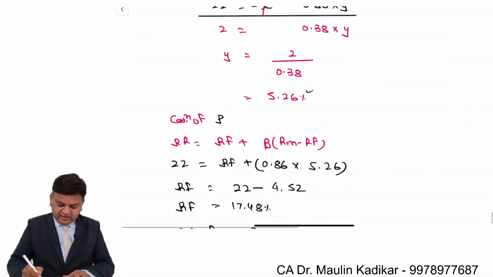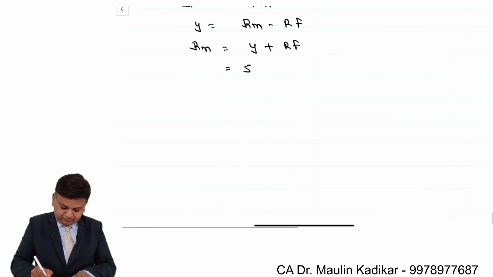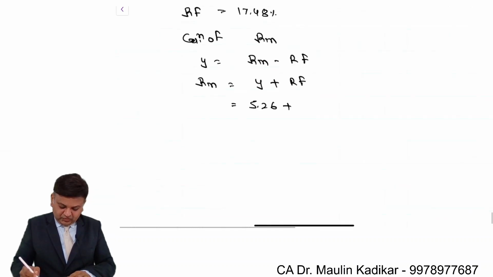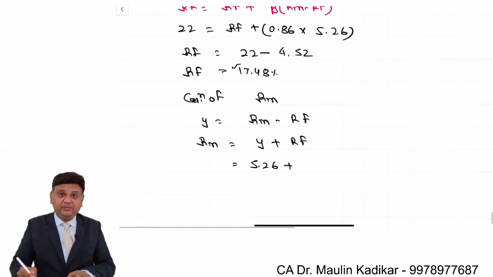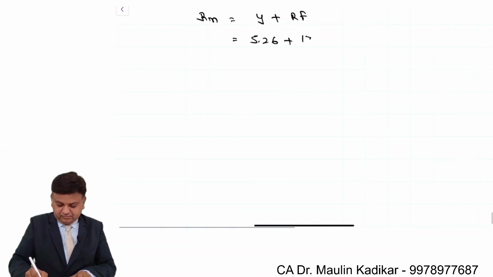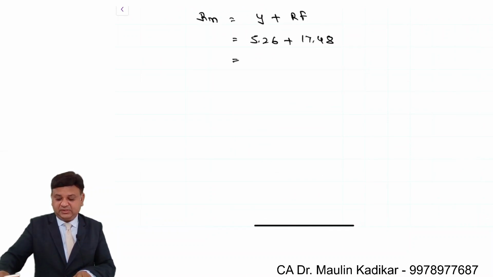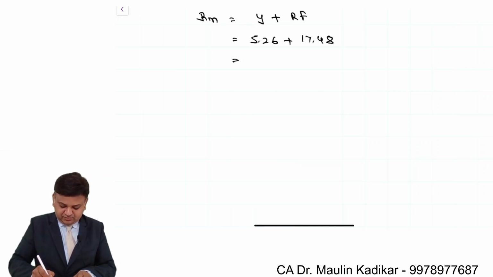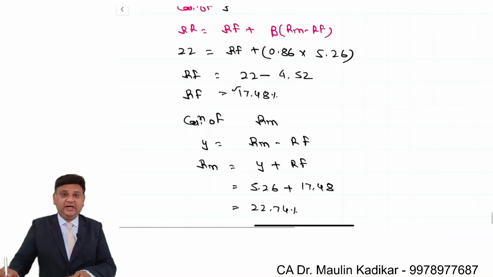What is the value of Y? It is 5.26. Plus what is RF? 17.48. 5.26 plus 17.48 is 22.74. This is the way the RM is calculated.